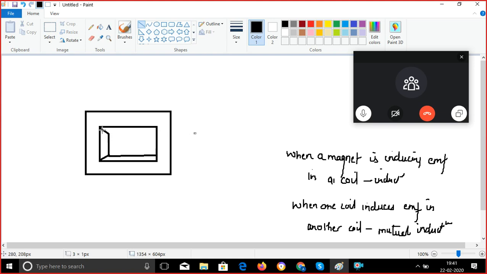So basically we take soft iron, then we take a copper wire, a conducting wire, and we wrap a coil around it, like this.